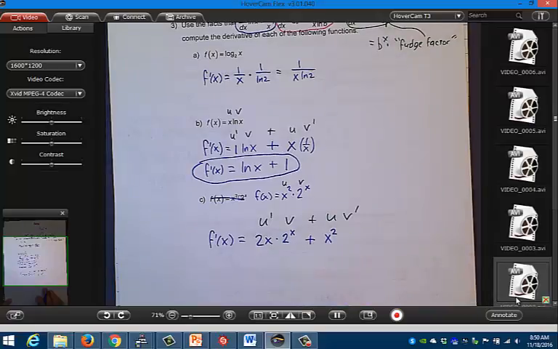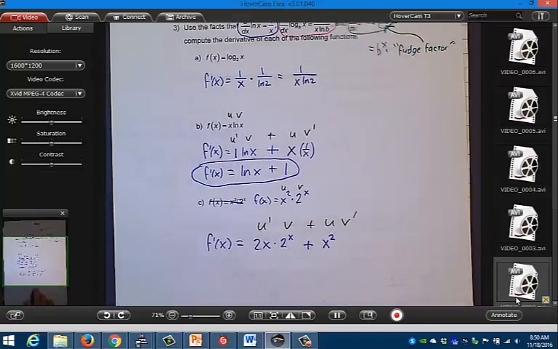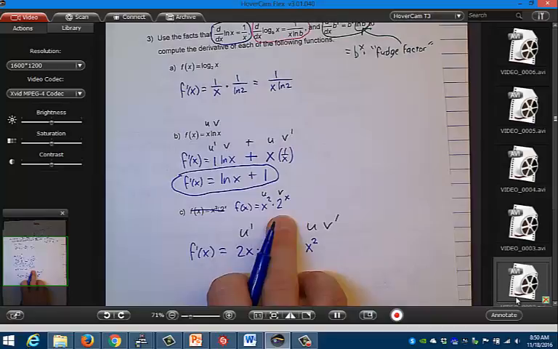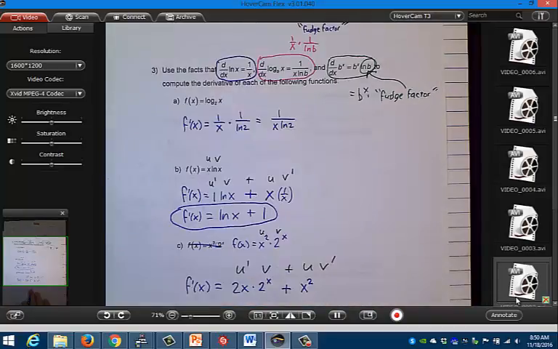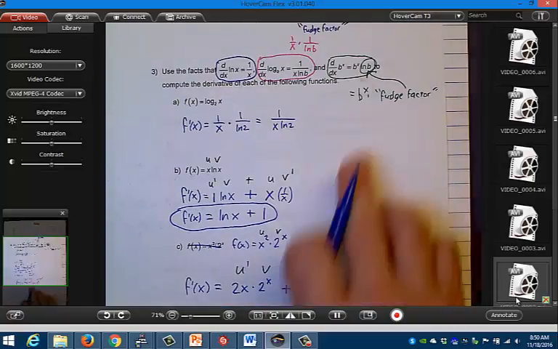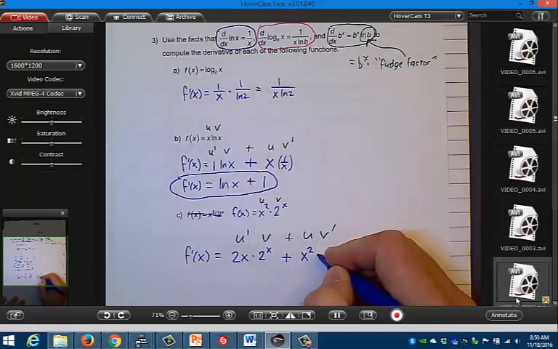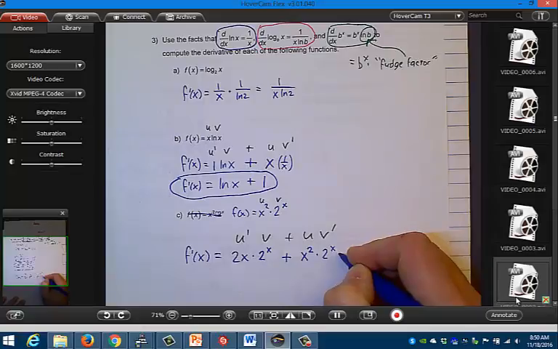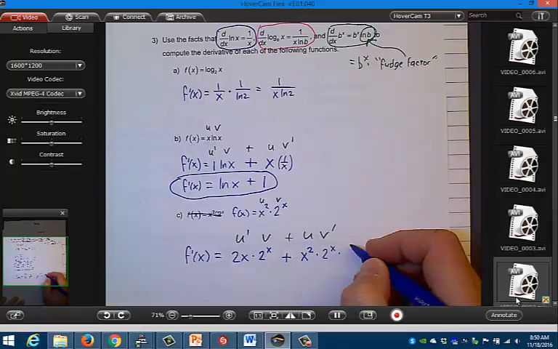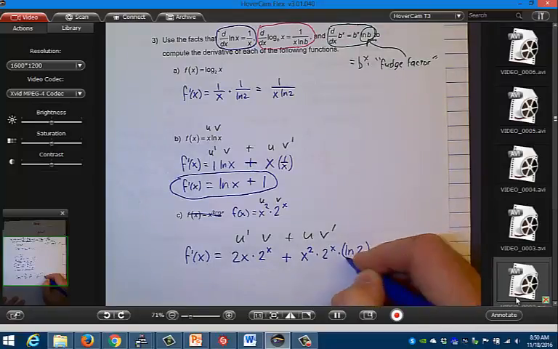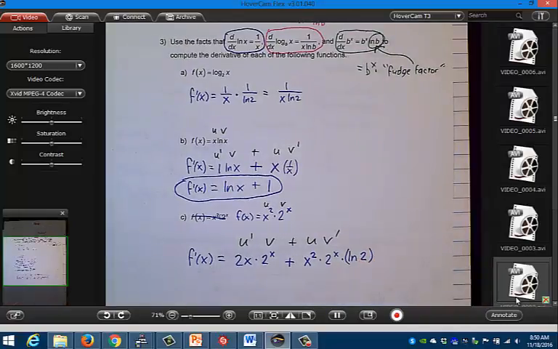The only thing new so far on this problem is I have to take the derivative of this exponential function, 2 to the x. And the derivative of 2 to the x, according to my formula, is 2 to the x times a constant. And that constant, that fudge factor, is what? Natural log of 2. Yeah. So there's my answer, I guess.